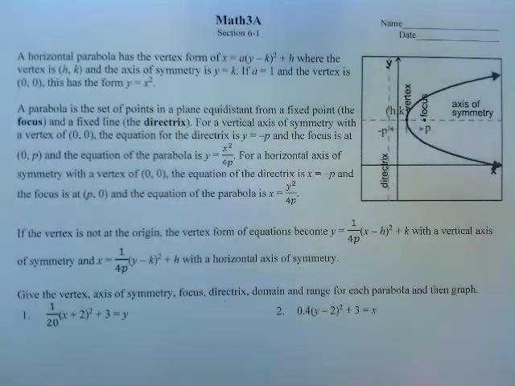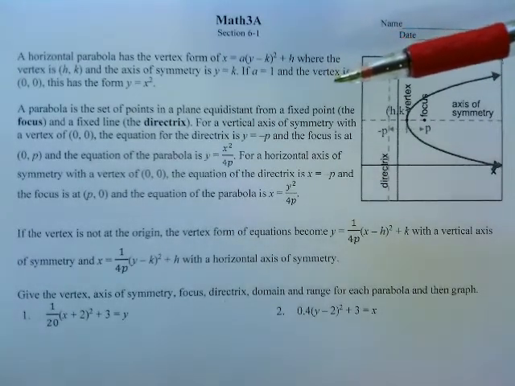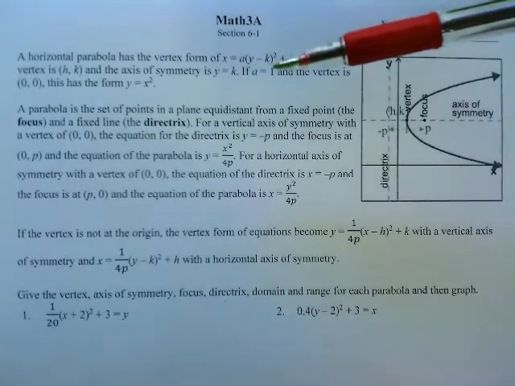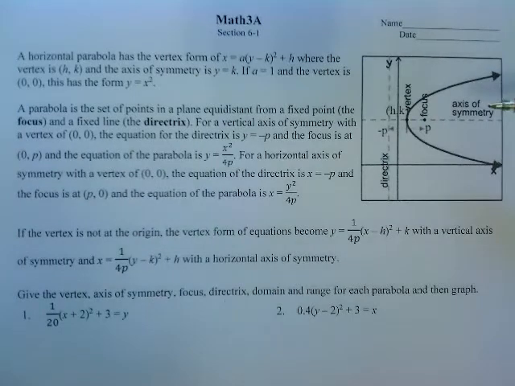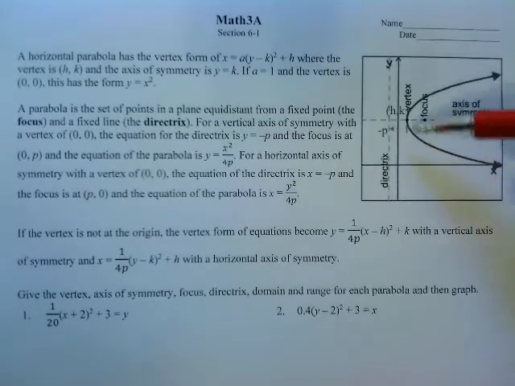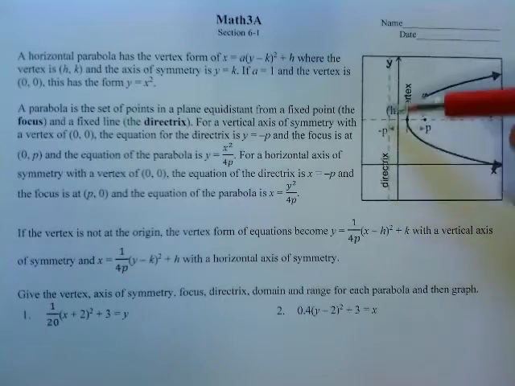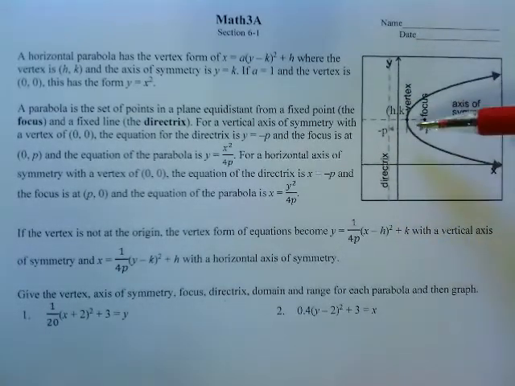Now a parabola is a set of points in a plane equal distance from a fixed point, which is called the focus, and a fixed line, which is called the directrix. These are things that we didn't really worry about before in looking at parabolas, so this is kind of the new part. The focus again is inside of the parabola, and then the directrix is a line that's outside, and in this case to the side.